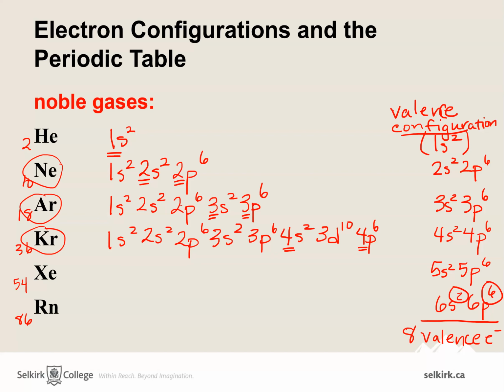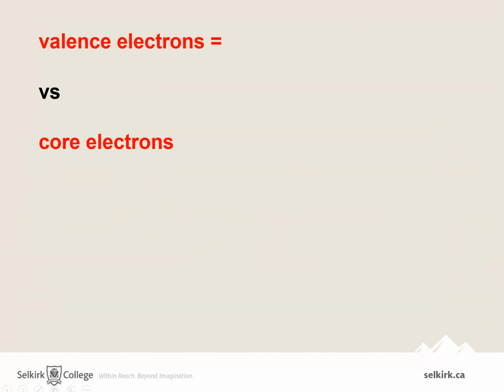Wait a minute, let's think about that. Before I go on to the next slide, notice that even though I have the d's here higher in energy than the 4s, they don't count as valence electrons. I'm looking at the numerical value of the highest occupied energy level. So we're distinguishing between valence electrons and core electrons.